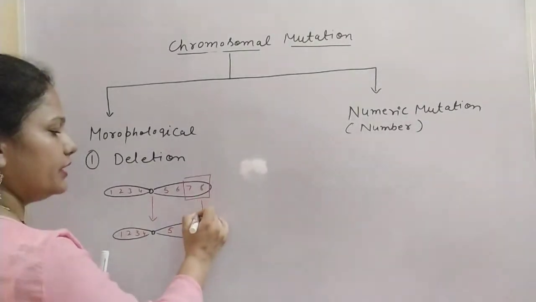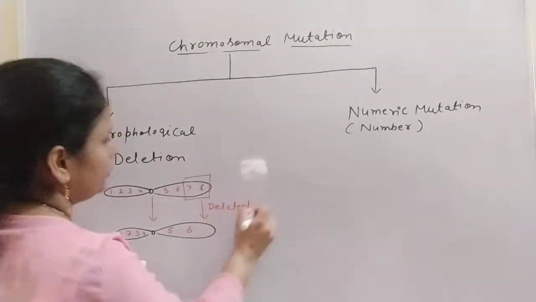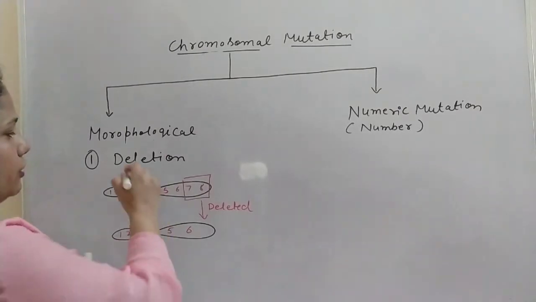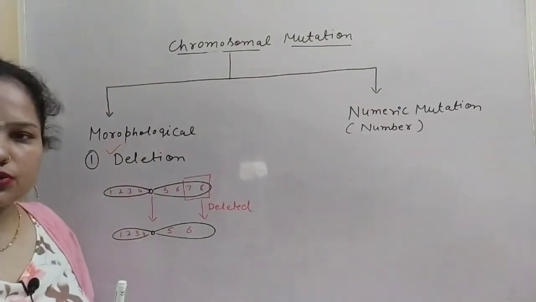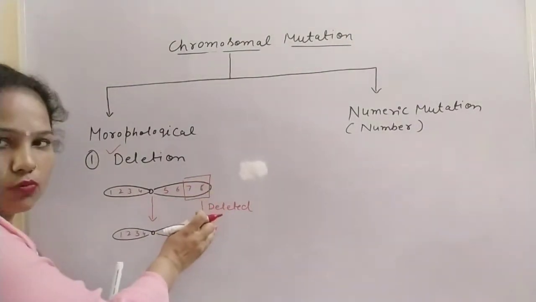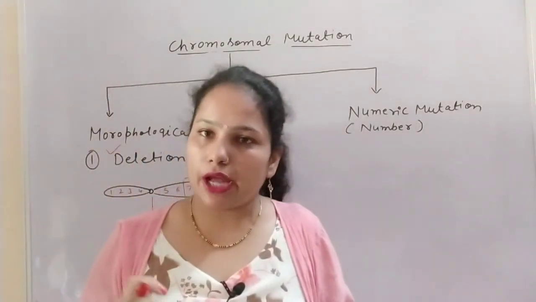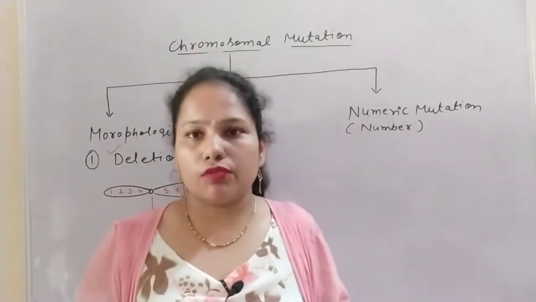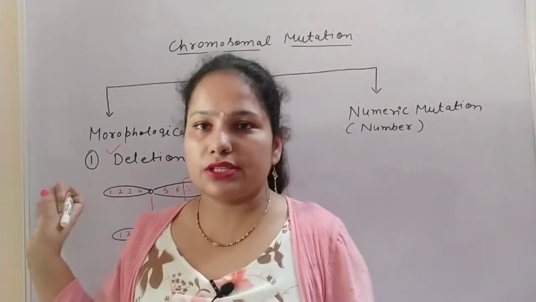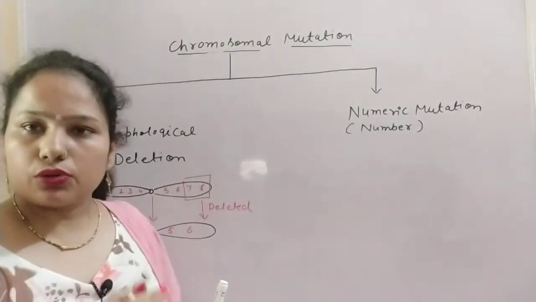Now this 7 and 8 sequence, that is deleted, and this type of chromosomal mutation is known as deletion. So I think you understood. This 7 8 sequence is deleted from the chromosome, and if this sequence codes for a particular type of protein or character, then that character will not be present in the progeny because this part is removed from the chromosome.